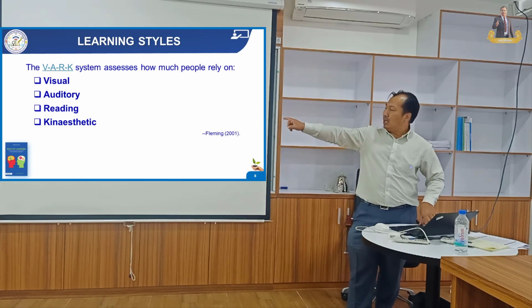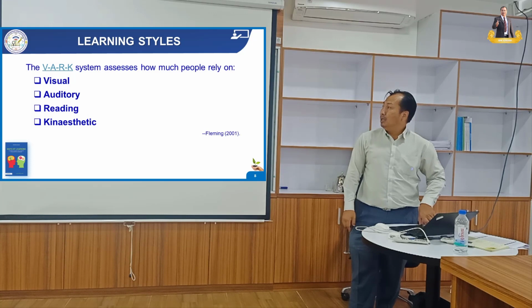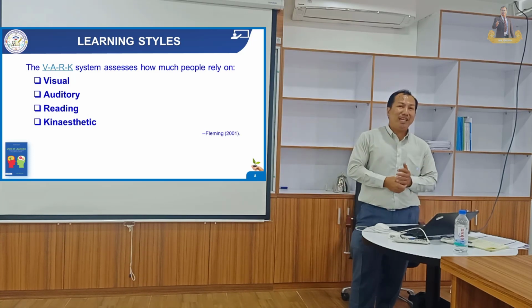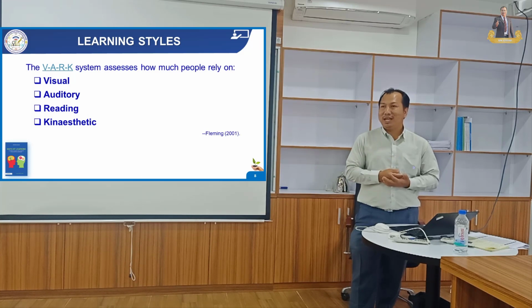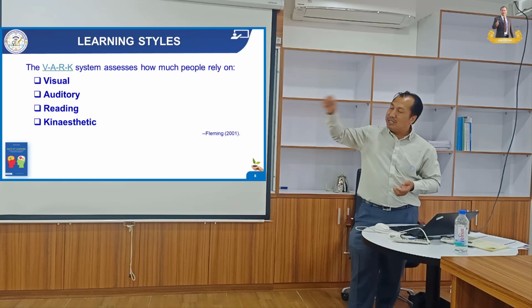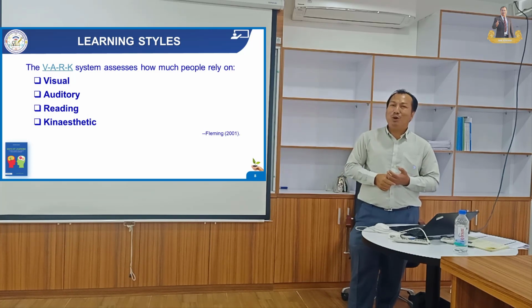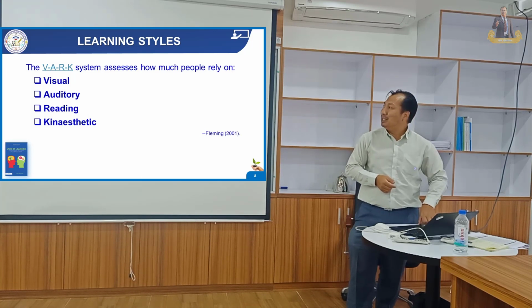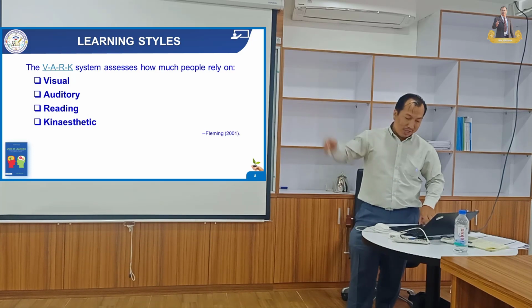So he extended that part. They also have a questionnaire that helps us assess the type of learners. I have inserted the link in this part. You can explore more if you want to use a questionnaire to assess an adult learner or even a young learner. You also can use those questionnaires.